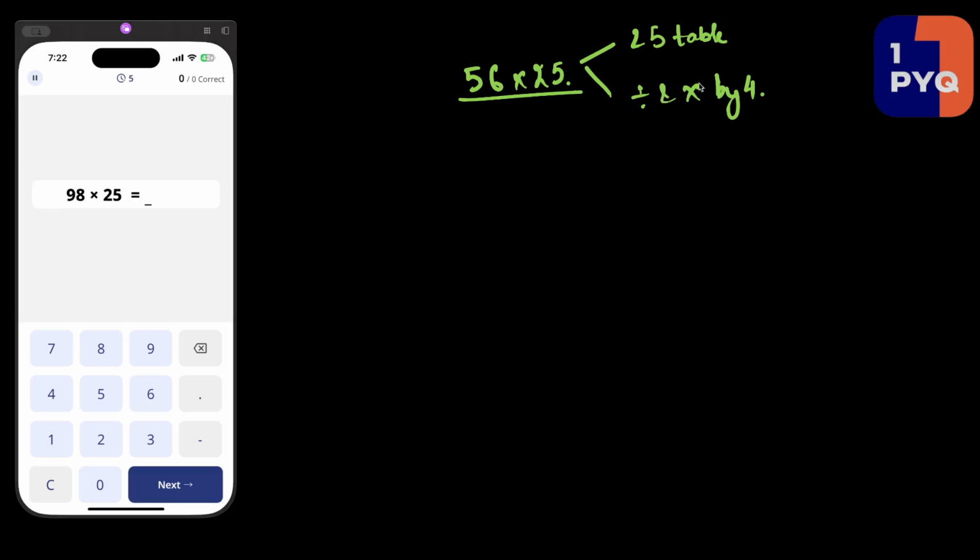So 56 into 25, we can do it with the help of the table of 25 or by dividing and multiplying by 4. How does division and multiplication by 4 help? Whenever I multiply 25 with 4, I get the answer as 100. This is particularly useful because the number which is being multiplied to 25 might be very random.